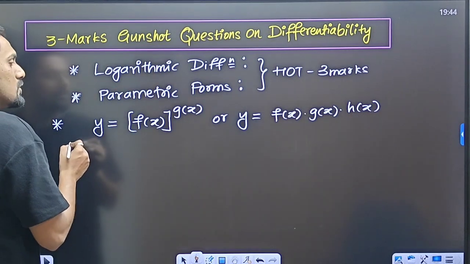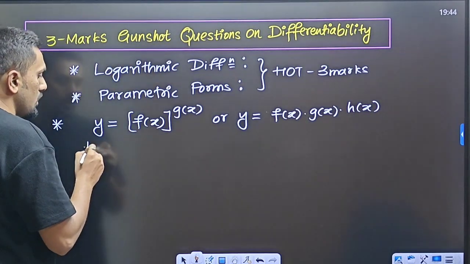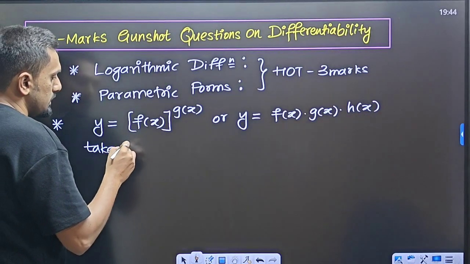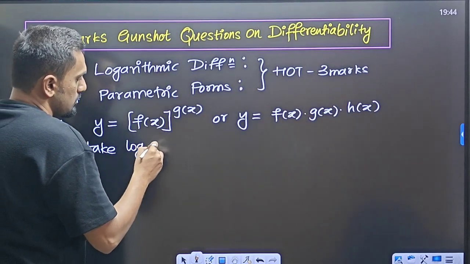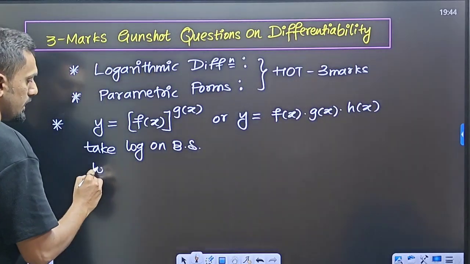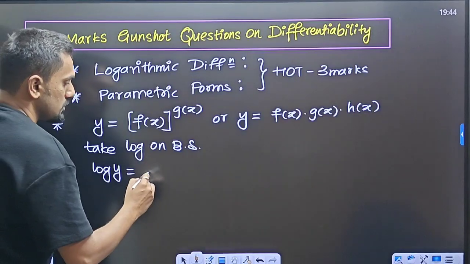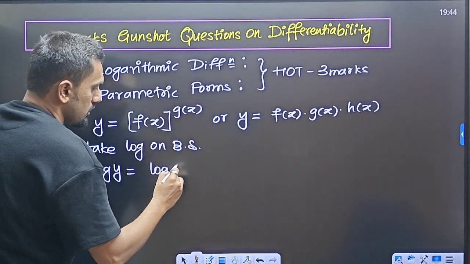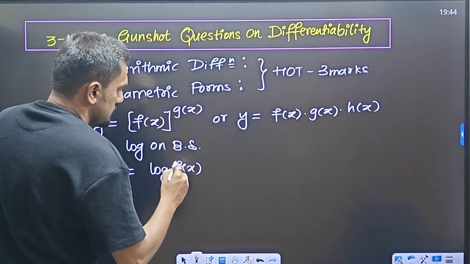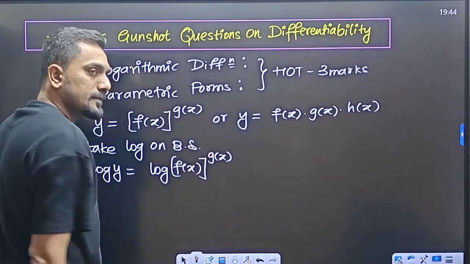So, how to proceed with logarithmic differentiation? I should take log on both sides. If I take log on both sides, then this becomes log y is equal to log of f of x raised to the power g of x.